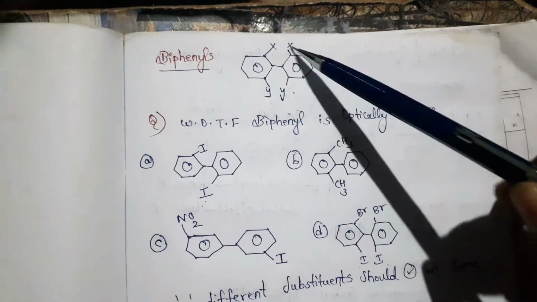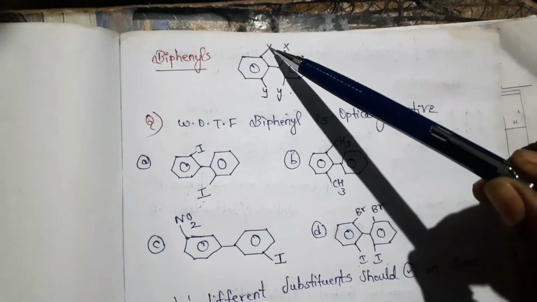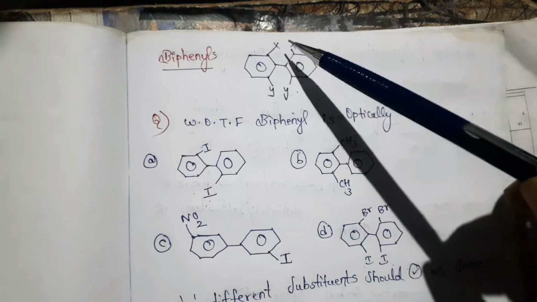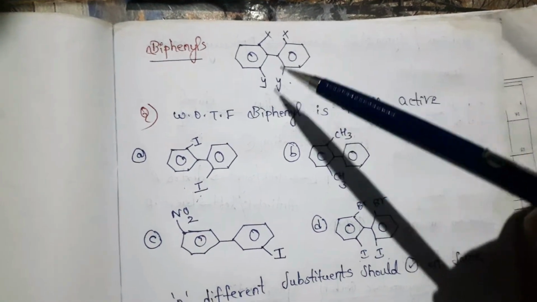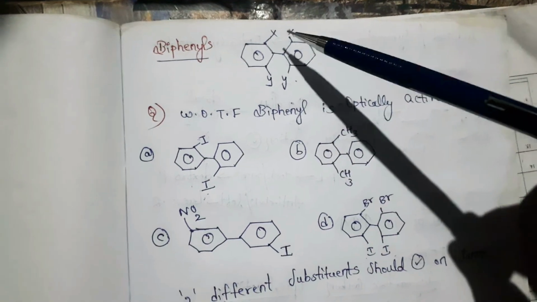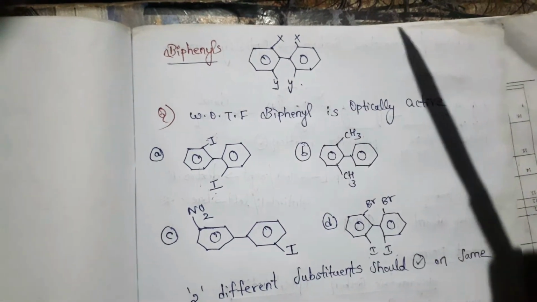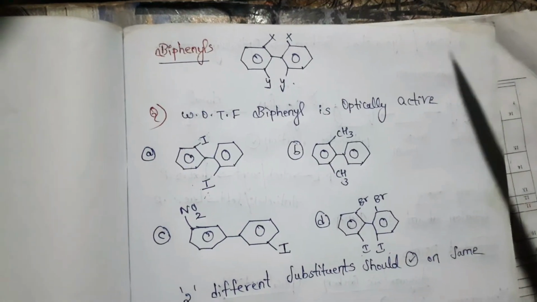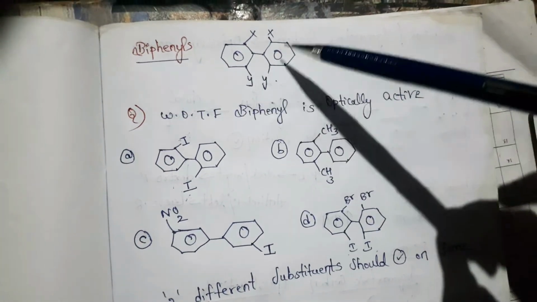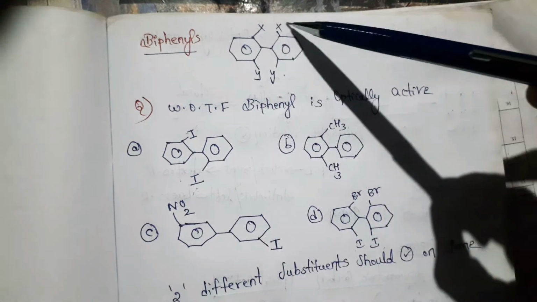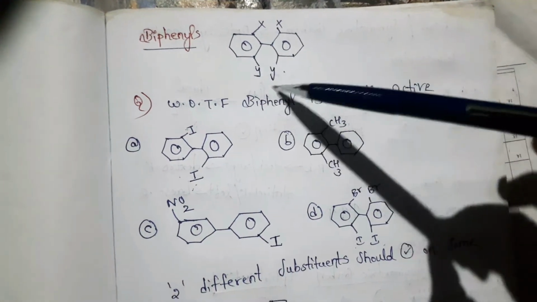Here we have to observe that on the top side both the substituents should be the same. Here it is x x, y y. For the biphenyl to exhibit optical activity, it should have the same substituents towards the top side and towards the bottom side.